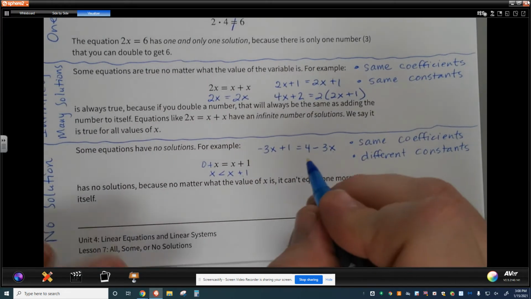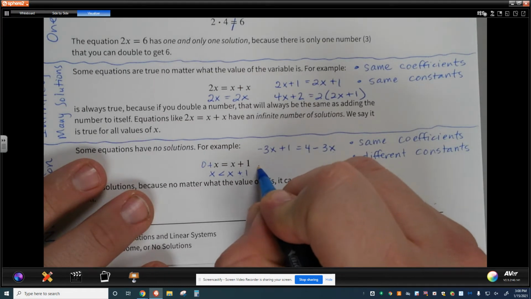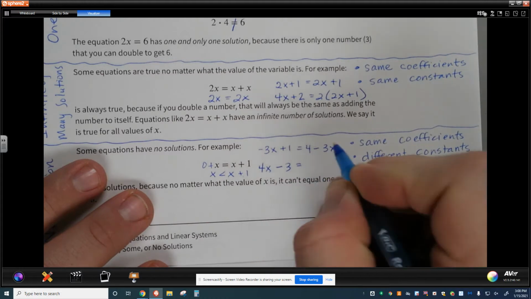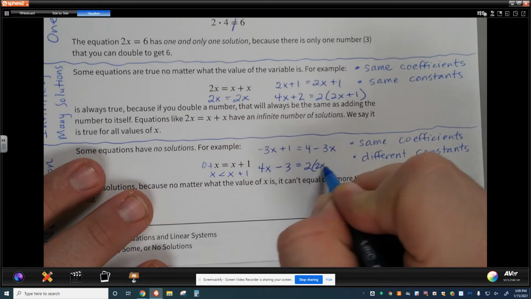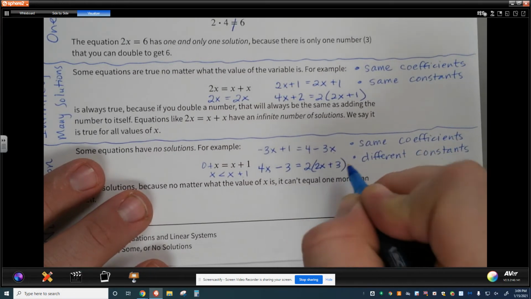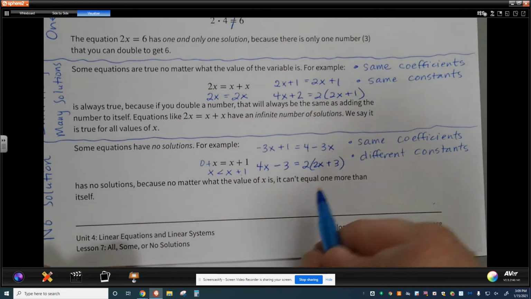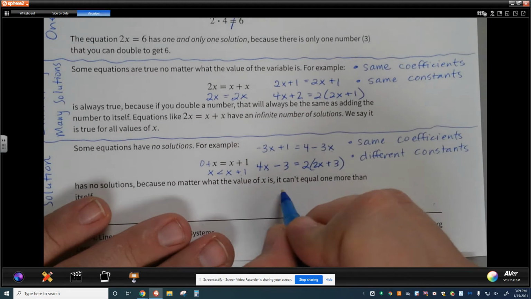Now, perhaps somebody's trying to trick us and they want to use some distributive property. Maybe we'll say 4 times x minus 3 is equal to 2 times 2x plus 3. There's really nothing about this that's going to help us out because I see a plus 3 here. Even if that showed minus 3, maybe it's not the best example. Let's try this one.